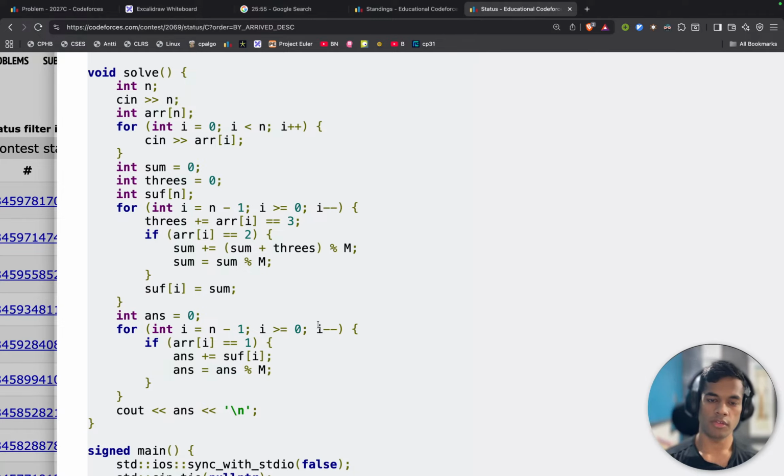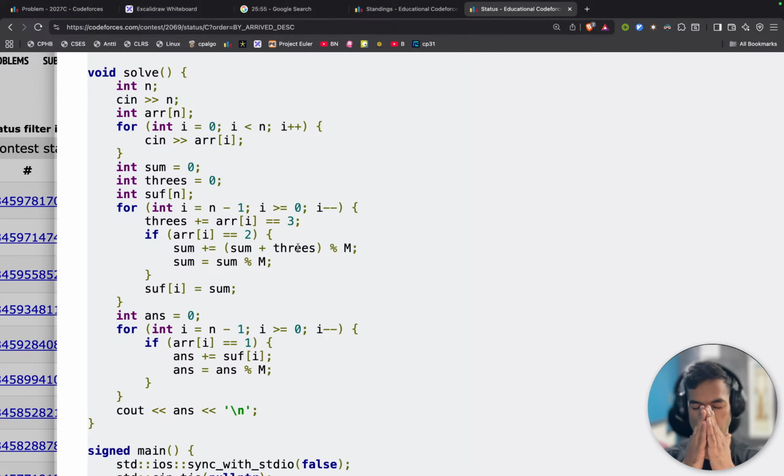If the current number is a 2, you are increasing the sum, because with that 2, you can use all of the threes that you have seen till now.